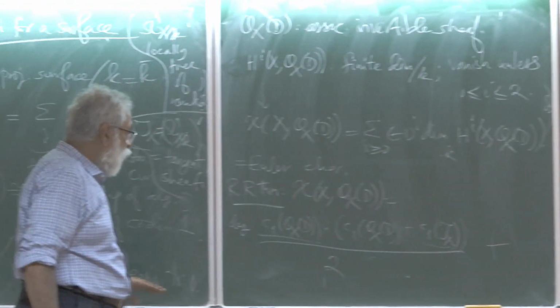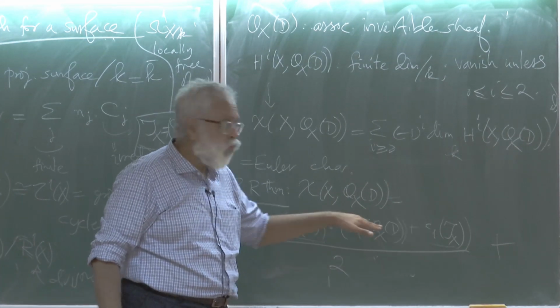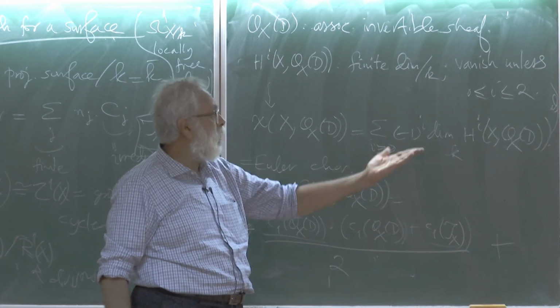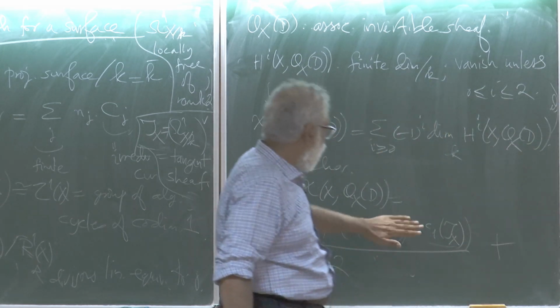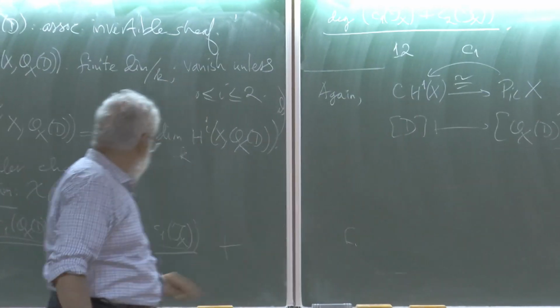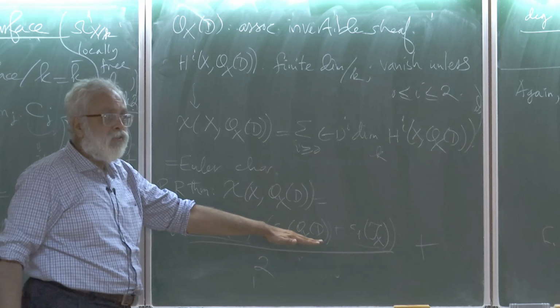The rest of the stuff, how does it look? There are two C1 terms, so both of these are in Chow upper 1(X), and the sum of them lies here. I'm taking two elements of Chow^1(X) and multiplying them.